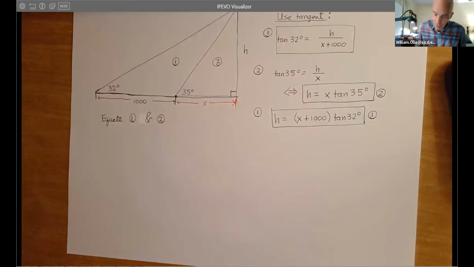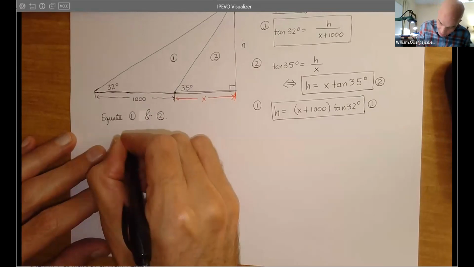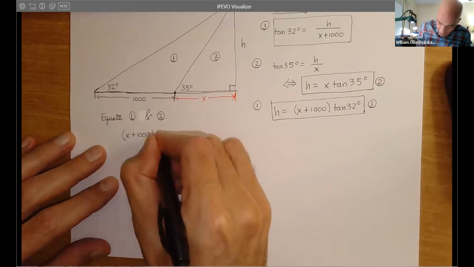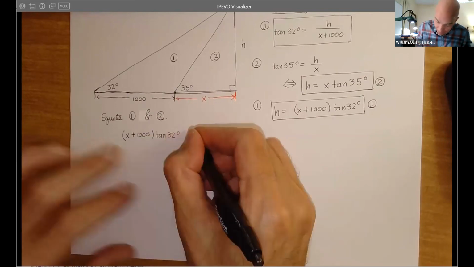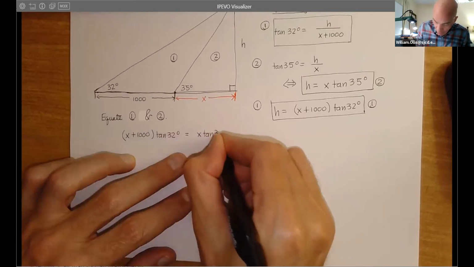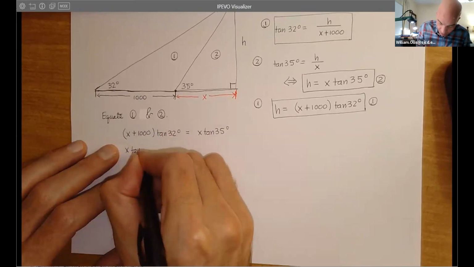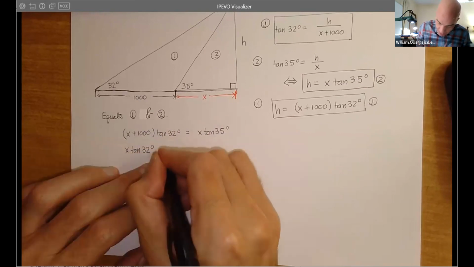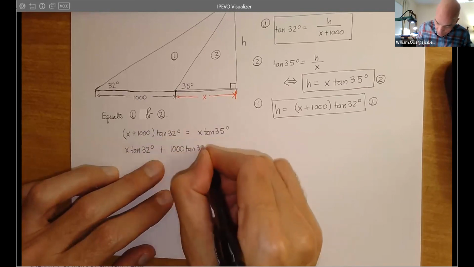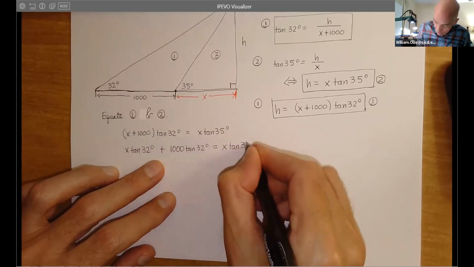So now we have X plus 1,000 times tangent of 32 equals X times tangent of 35 degrees. Let's multiply this out. We get X times tangent of 32 degrees plus 1,000 times tangent of 32 degrees equals X times tangent of 35 degrees.